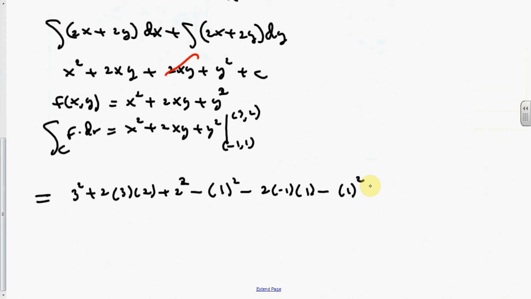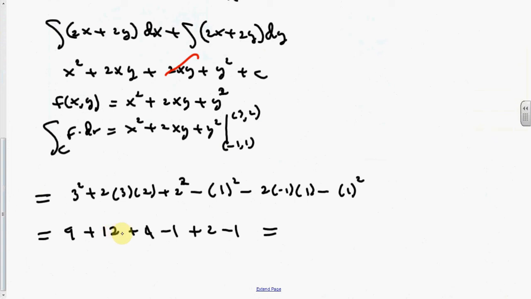So here, this evaluation goes back to the fundamental theorem of calculus. Minus, plus 12, excuse me, plus 4 minus 1 plus 2 minus 1. So that cancels out.